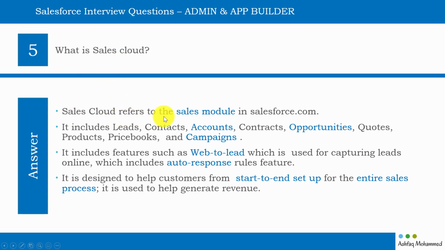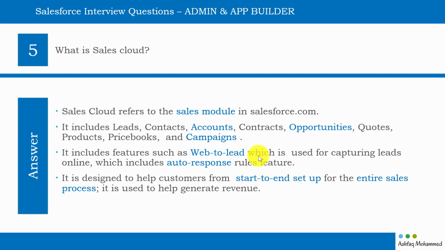So Sales Cloud refers to the sales module in Salesforce, and it includes leads, contacts, accounts, contracts, and opportunities, quotes, products, price books, and campaigns. So all this comes under Sales Cloud. It also includes features such as web to lead. For example, you might have visited some websites of companies wherein they ask you, if you're interested in the product, just enter your details, we'll get back to you.